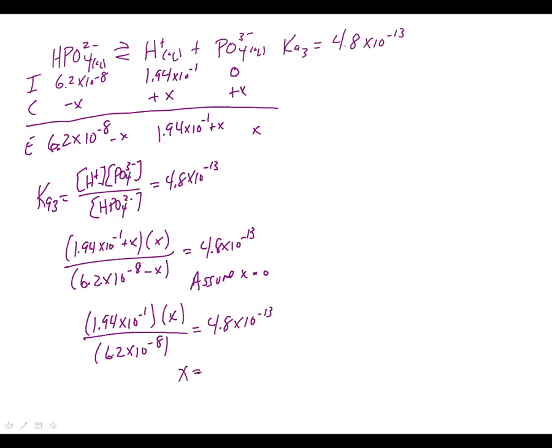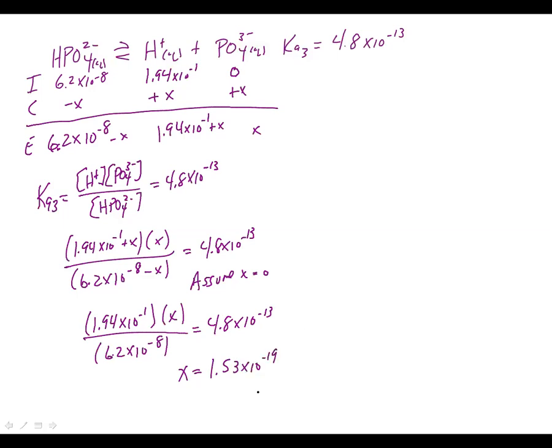I'm going to multiply the bottom to the other side and divide by what's on top there, the 1.94. So 4.8 to the minus 13 times 6.2 to the minus 8 divided by 1.94 to the minus 1 gives us an x value of 1.53 times 10 to the minus 19.